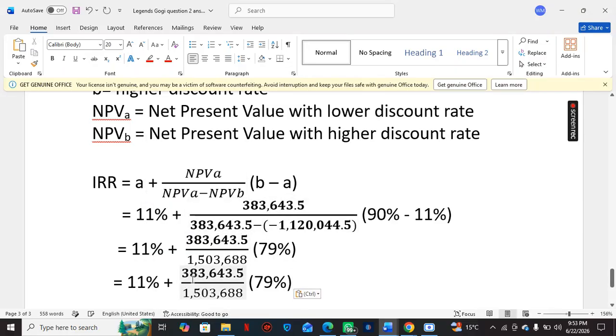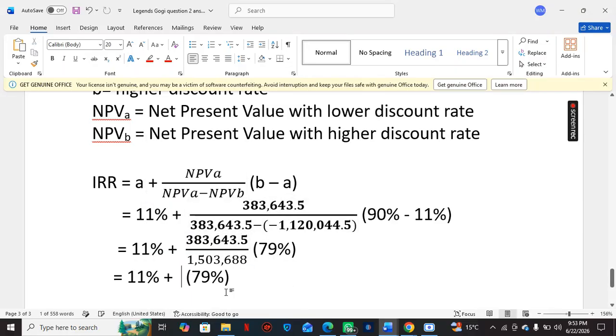So 383 divided by 1,000,000. Are we getting 0.255?